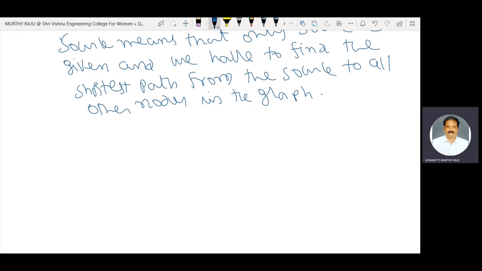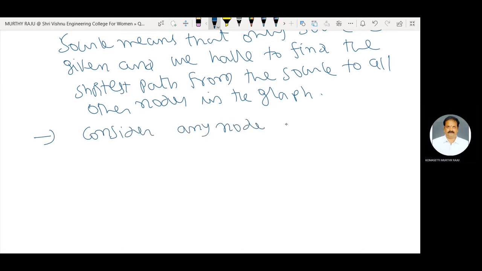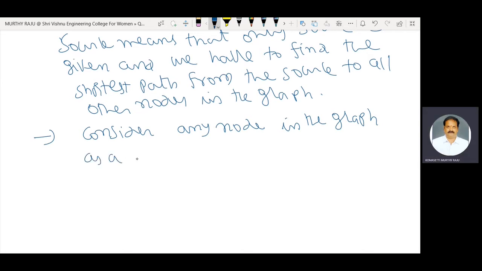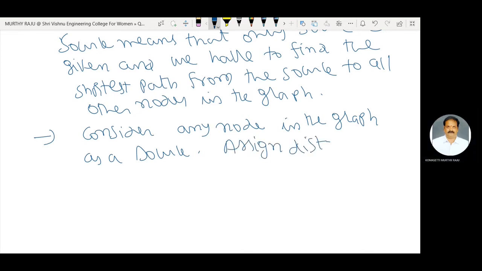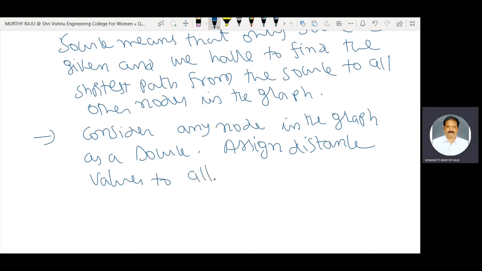For a given graph, consider any one of the nodes as a source and assign distance values to all nodes in the graph.